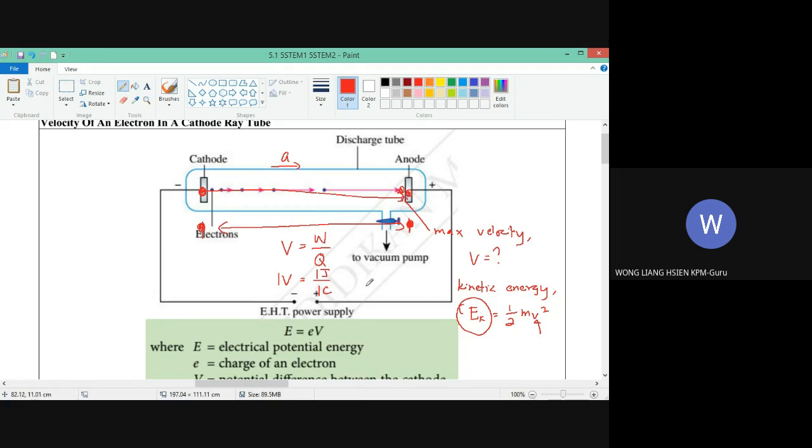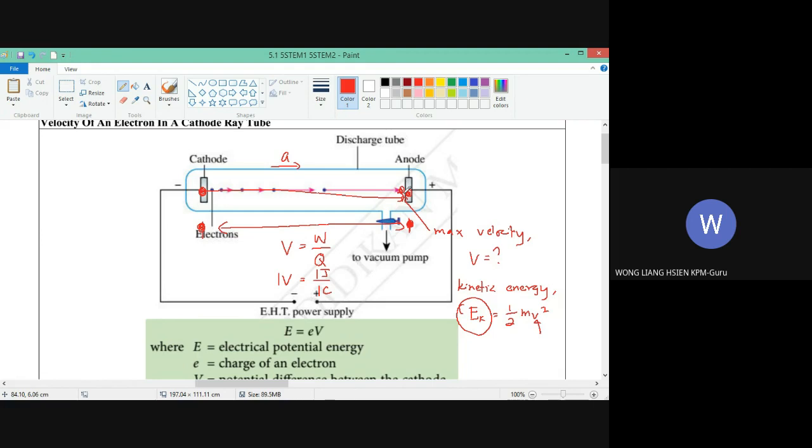If you do the work of 1 joule to move the 1 coulomb charge from one point to another point, the work done is 1 joule. So what is work done? Work done is when you use energy, or you convert and transfer energy.